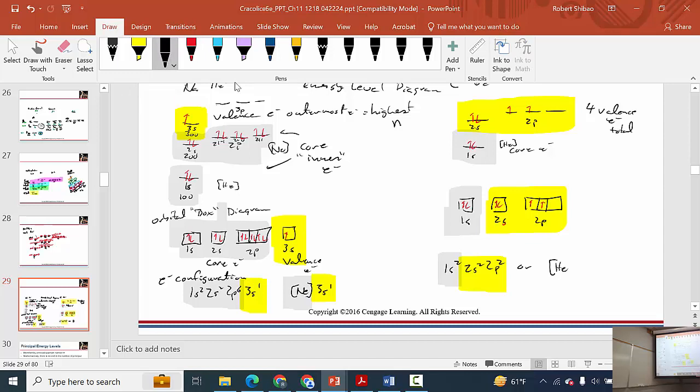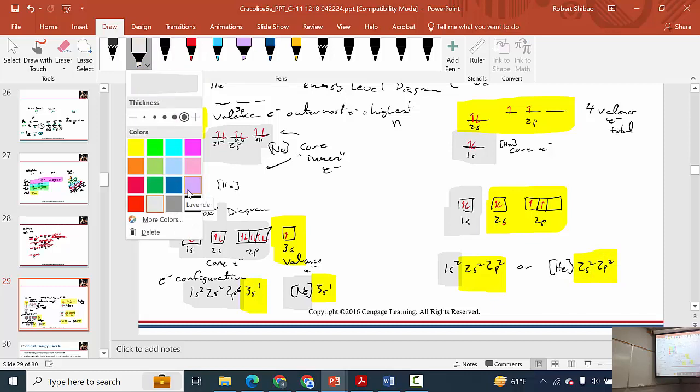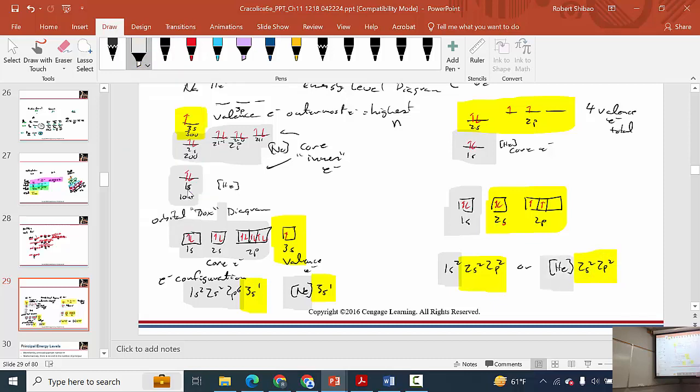And so the helium core would be He, like that, and then I'd go 2s2 2p2. This would be my valence. This would be my core.